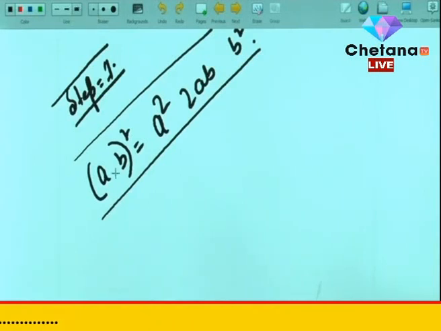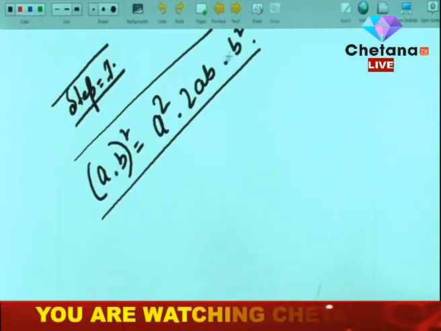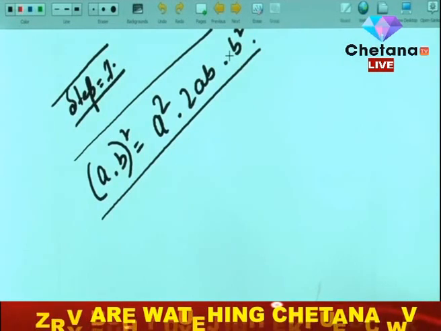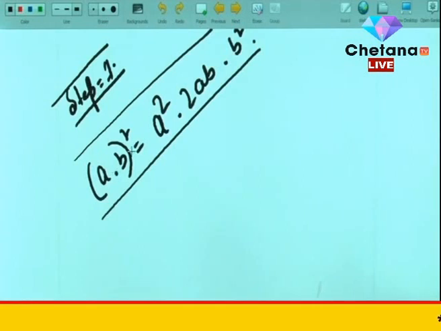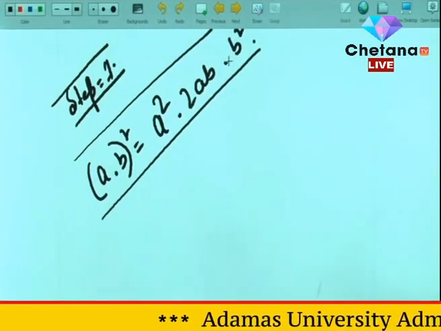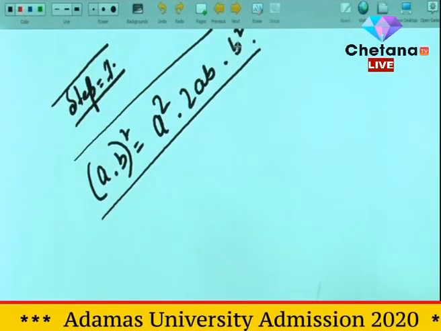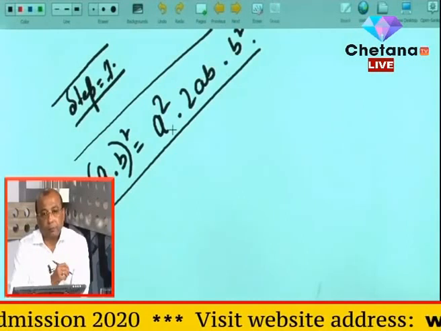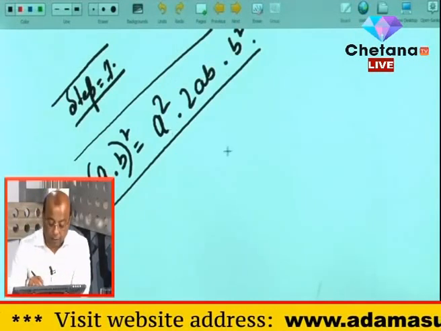I will put one dot. That means multiplication. Right? So in our case, (a plus b) whole square equals a square plus 2ab plus b square. Now I will consider it as b square dot 2ab dot a square. Yes.